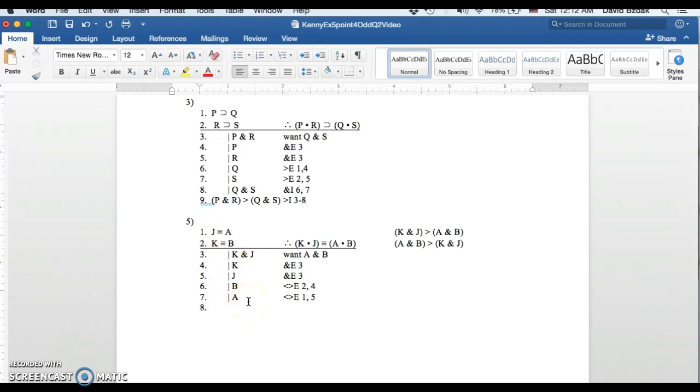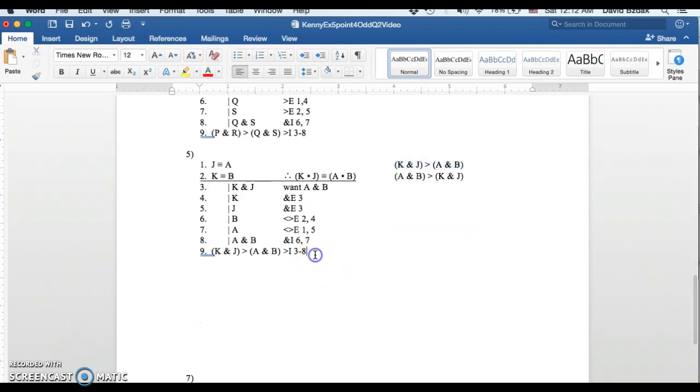So now we can get A and B by conjunction introduction of 6 and 7. And that gives us K and J conditional A and B by conditional introduction of 3 through 8, right? So that's one of those conditionals. Now we need to get the other one.